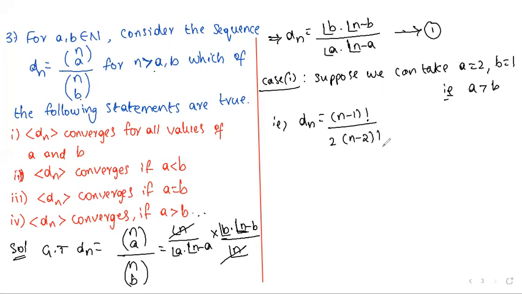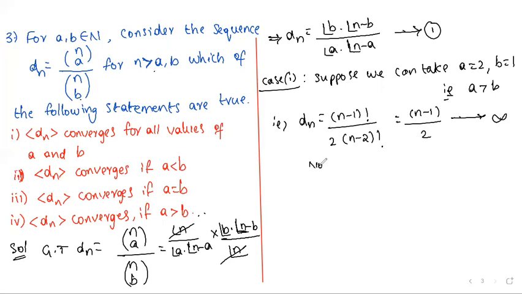By the definition of factorial, (n minus 1) factorial is (n minus 1) into (n minus 2) factorial. So finally d_n is (n minus 1) divided by 2. Applying the limit as n tends to infinity, (n minus 1) by 2 diverges to plus infinity.